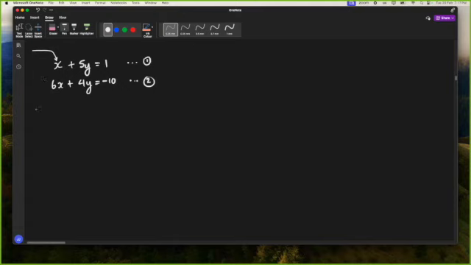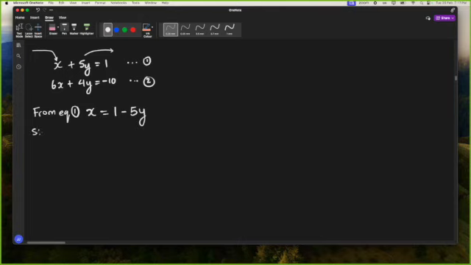So from equation 1, I could see that x is equal to, I'll take this 5y and I'll throw it across. So I'll have 1 minus 5y, right? So I made x the subject of the formula. x is equal to 1 minus 5y.